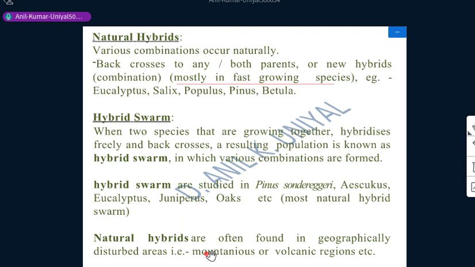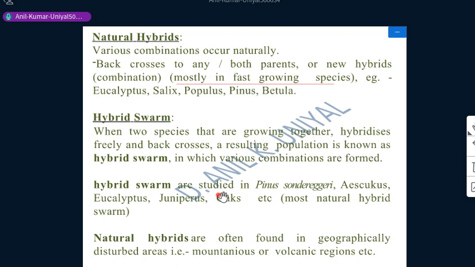Such types of new combinations are found because suppose there are 10 trees of a single parent, and those are growing in a stand that is having disturbance due to a mountain system or a volcanic region, then there may definitely be different growing conditions due to their soil nutrients, their moisture level, their spacing, and the resultant 10 trees will grow differently.